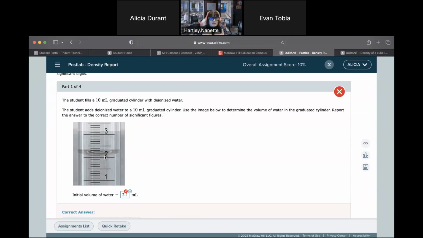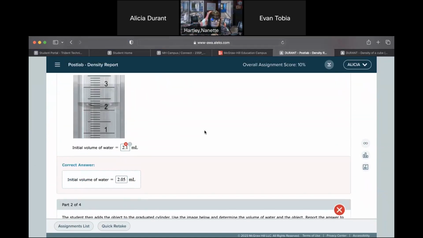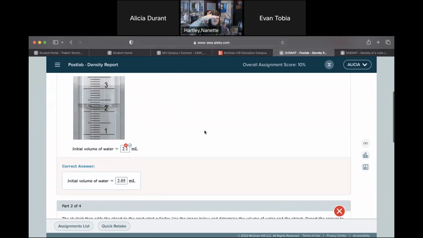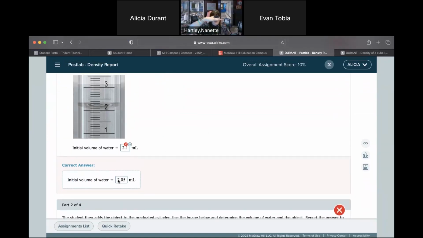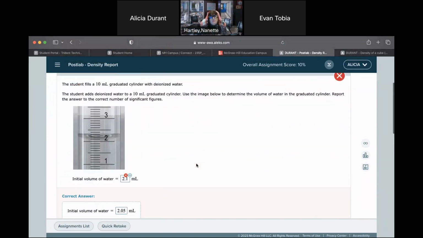So if I can read 2 and if I can read 2.1, then I should be able to guesstimate the next digit, which is 0.05. And that's because if I was looking at that flat on so that it's even, I can see that the bottom of that meniscus is below the 2.1.